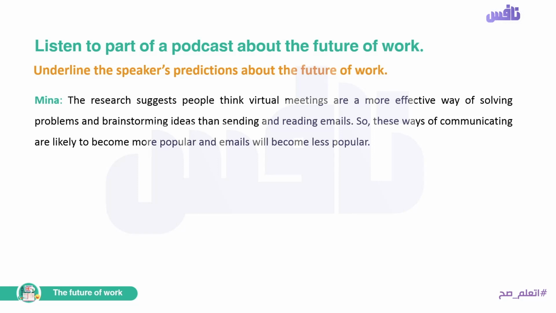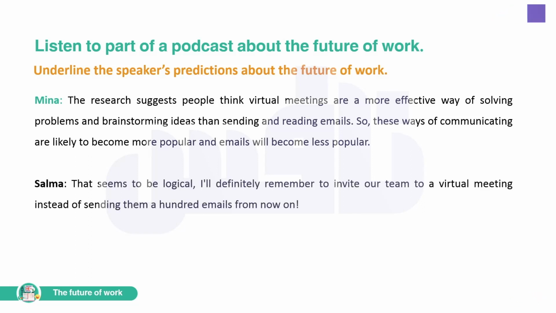So, these ways of communicating are likely to become more popular and emails will become less popular. Salma: That seems to be logical. I'll definitely remember to invite our team to a virtual meeting instead of sending them 100 emails from now on.